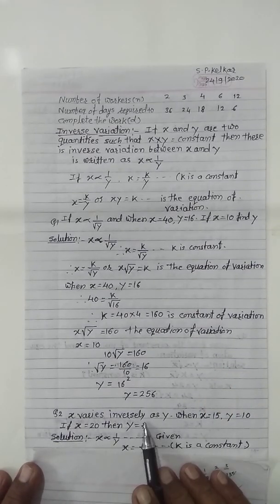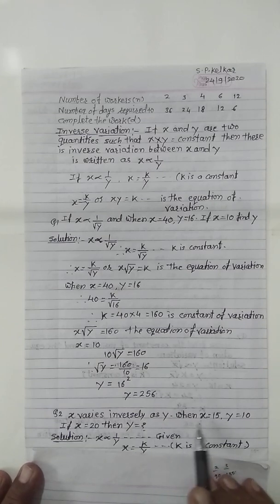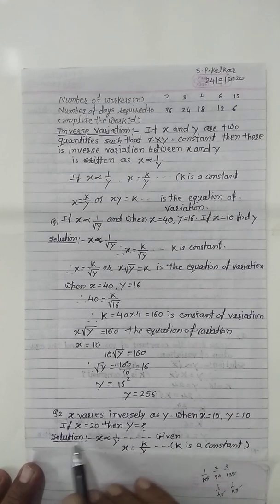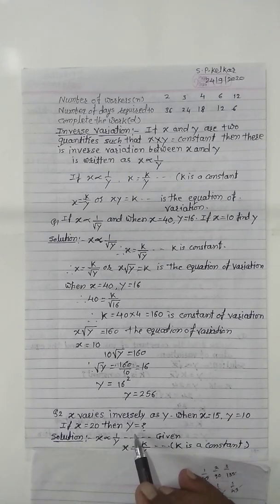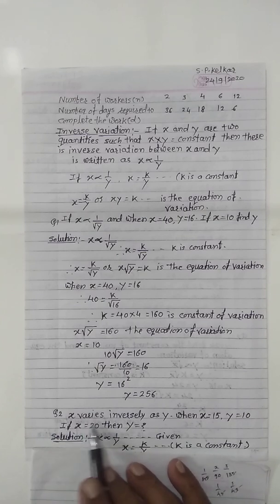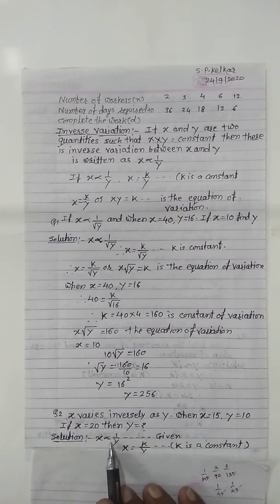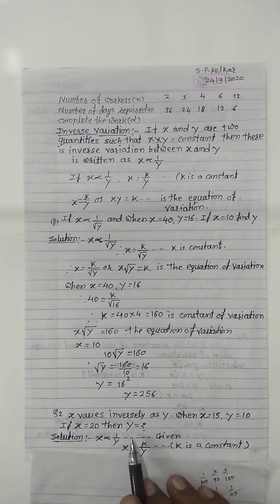x varies inversely as y. When x equal to 15, y equal to 10. If x equal to 20, then what is the value of y? Now write down: x varies inversely, x inversely proportional to y, that is the given. Then x equal to k upon y.